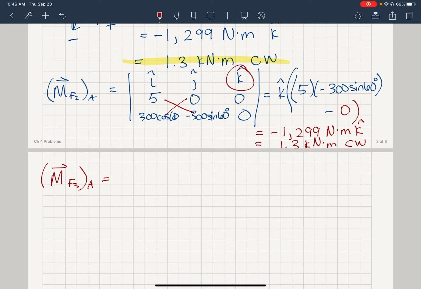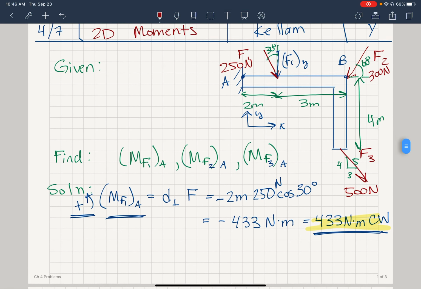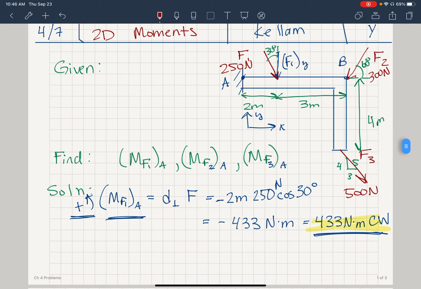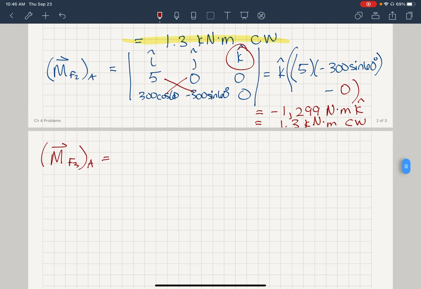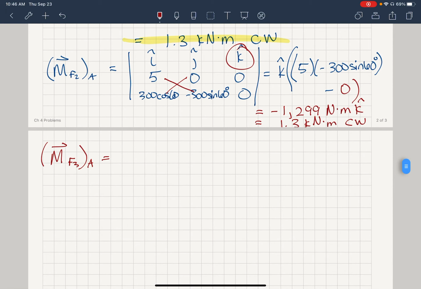I would take this 5 meters, and then take the vertical component of that F3 to figure out part of the moment. And then the other one, we can take this distance times the horizontal component of the force, and that'll give us the moment.